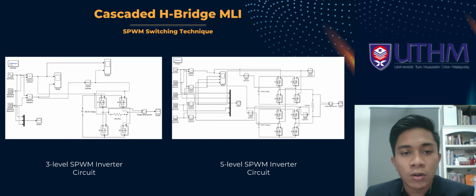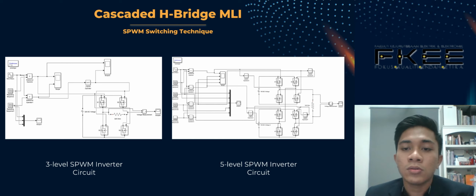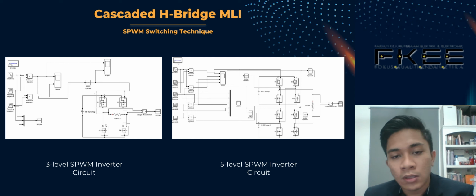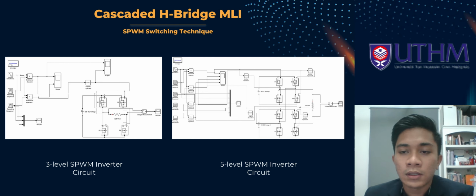These signals will be compared and sent to the MOSFET. The difference between 3 level SPWM and 5 level SPWM is also the number of input voltage. You can see here, at the 3 level we have one input voltage, and at the 5 level we have two input voltages, and the number of semiconductors also increases from 4 to 8.